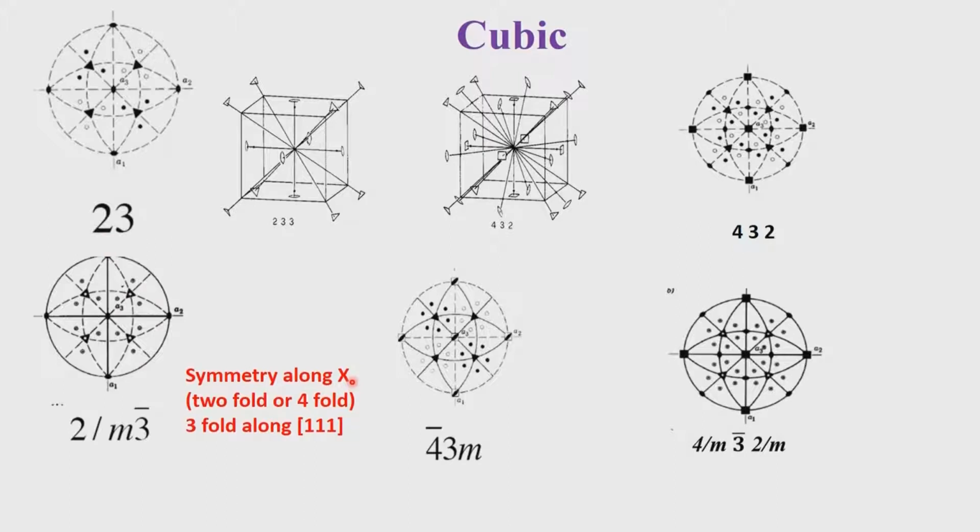Now, the fact that we get a two-fold and a four-fold along the x direction does not just stop there, because we have the following three-fold symmetry here and a three-fold symmetry here. Once again, you see there is a three-fold symmetry and a two-fold symmetry which comes along the 1 1 1 direction.